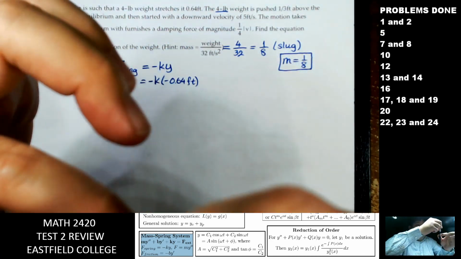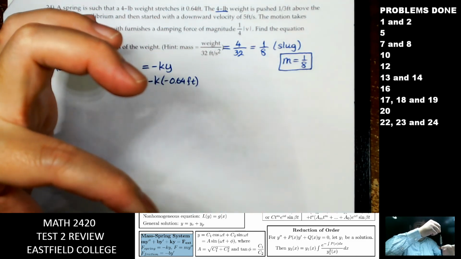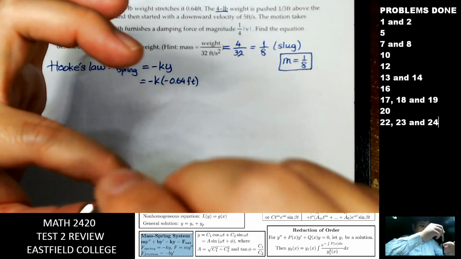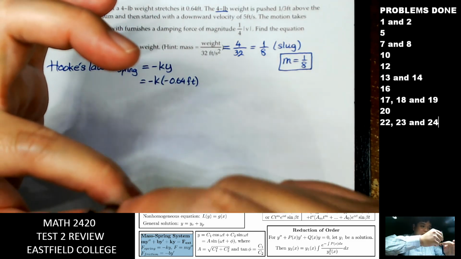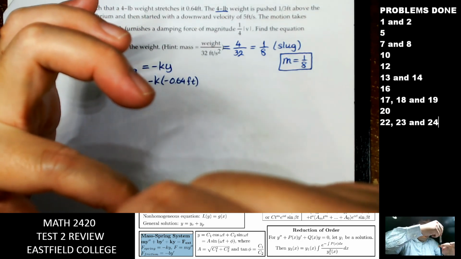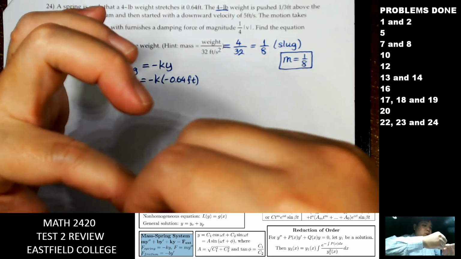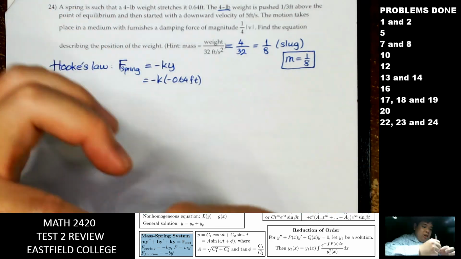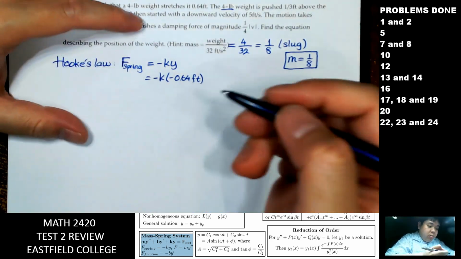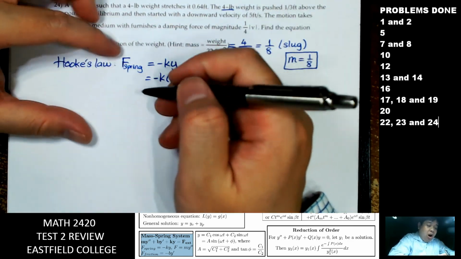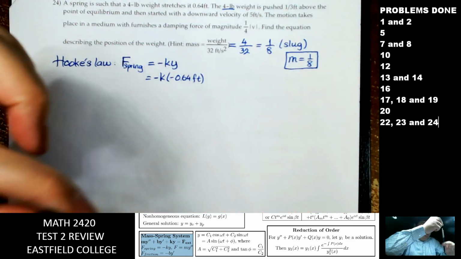If the object is pulled down at equilibrium, the weight pulls it down and the spring holds it up, in opposite directions. So the force of the spring is equal but opposite to the weight pulling down.